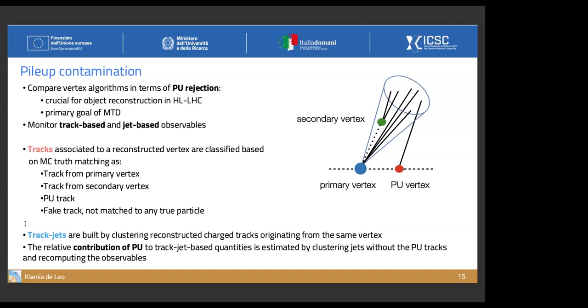let's say, with a simplified procedure, we build our track jets by clustering together all the tracks that originate from the same vertex. And we can compute the relative contribution of pileup to these observables by reclustering the jets without the pileup tracks and computing the observables again.